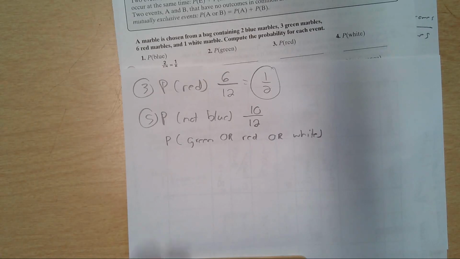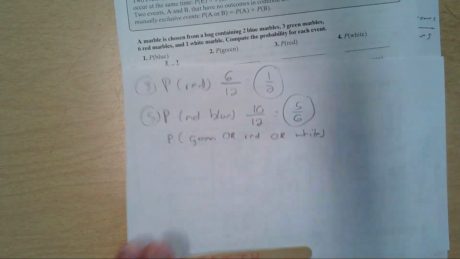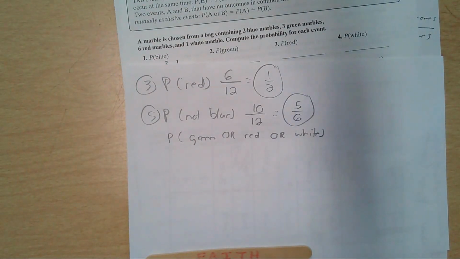But 10/12 is correct, and then again, she simplified it as she should. Probability of that event's pretty good. So not a certainty, of course, but it's more likely than not, 83%, that you would pull not a blue marble out at random. But it could happen though, right?